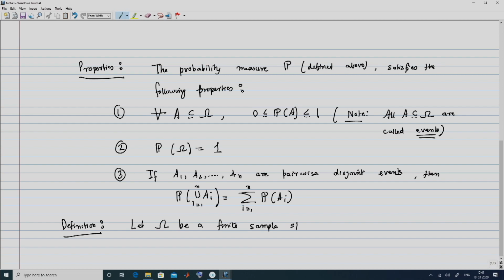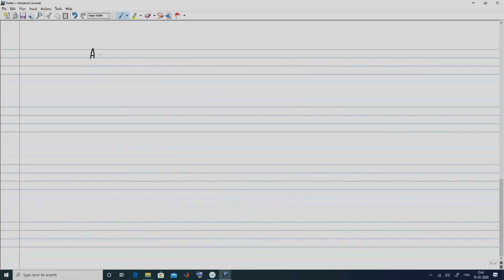Then, for all little omega belonging to omega, that means each element of the sample space omega, the singleton event given by this omega is called an elementary event.